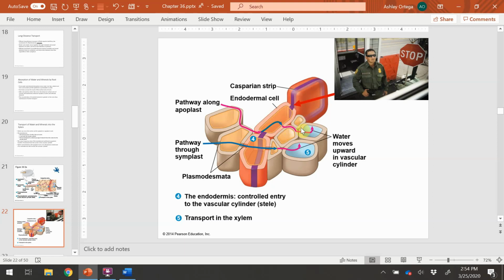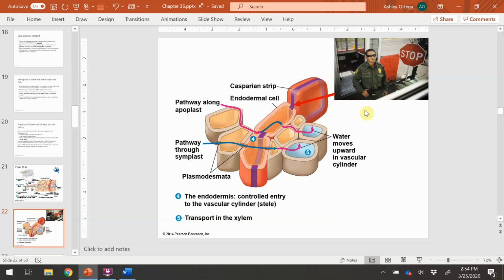And so that endodermal cell layer that has a Casparian strip will regulate the entry of molecules. And so they try to prevent toxins and other foreign molecules from entering the very precious vascular cylinder. From the vascular cylinder, it goes to all parts of the plant.